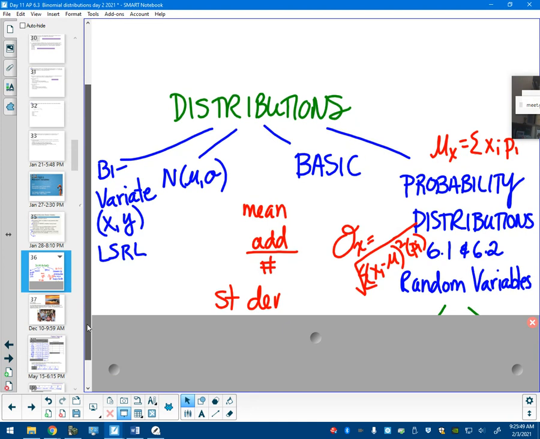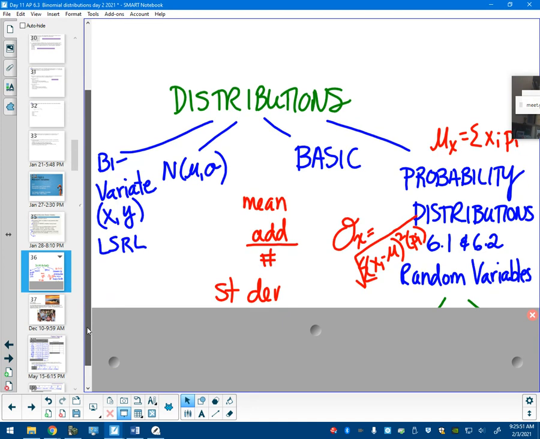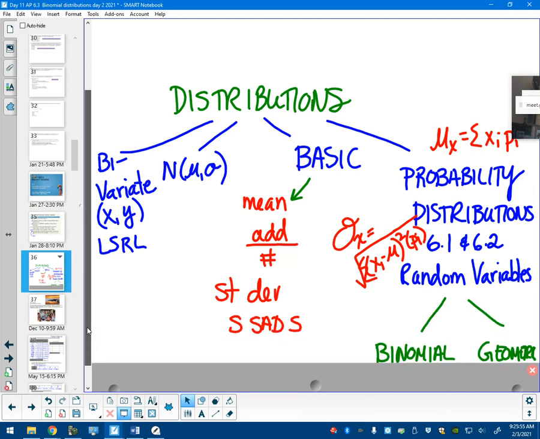So back in chapter 1, we learned how to calculate the mean and the standard deviation for basic distributions. The mean, you simply add them all up and divide by how many there are. And the standard deviation we did the other day on this sheet. Remember practicing that last week?